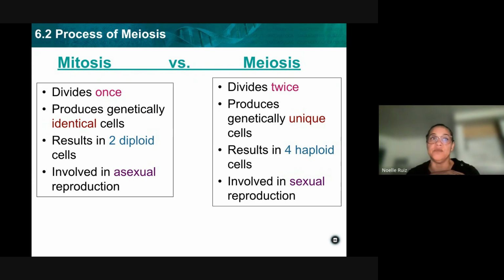Mitosis results in 2 diploid cells with a full set of 46 chromosomes, where meiosis cuts that number in half. It results in 4 haploid cells with only 23 chromosomes each.